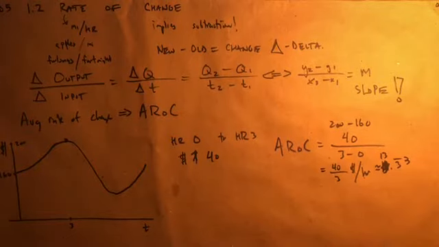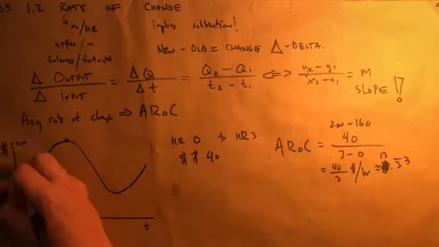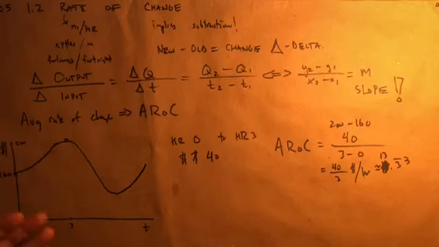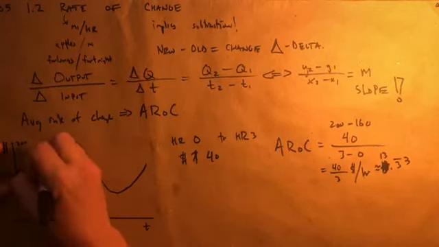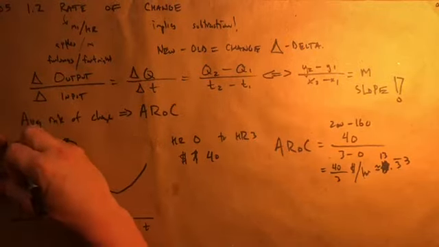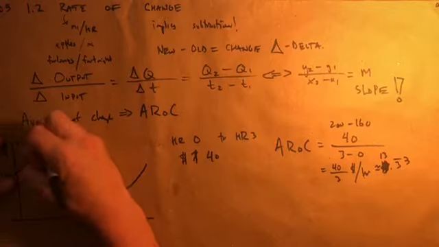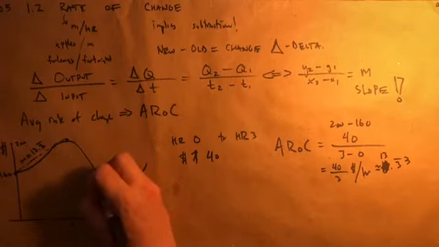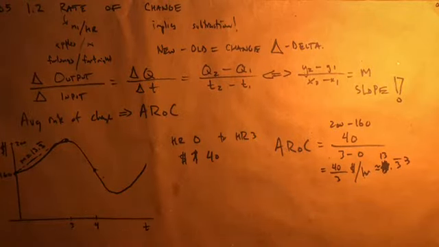Now, the way that we can look at this is we can say, well, I'm going from this point, which is 0, 160, to that point, which is 3, 200, and this dashed line is where the slope is $13.3 per hour.